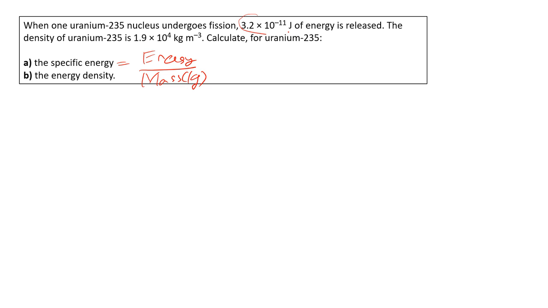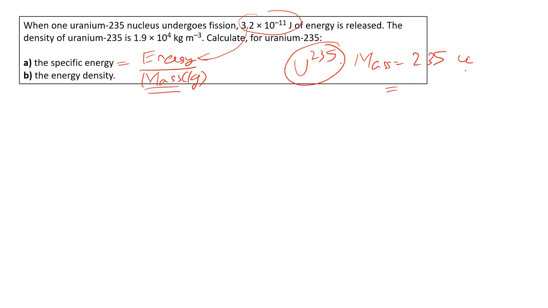So this will be your numerator, and all we need to do is find the mass. For that we do not need the density. Since it is a uranium 235 nucleus, the mass will be 235 U, where U is the atomic mass unit.